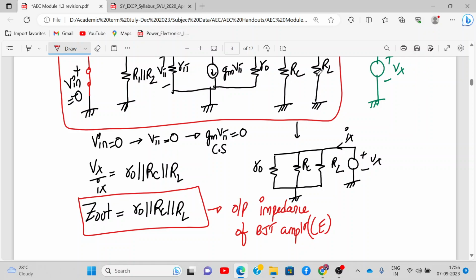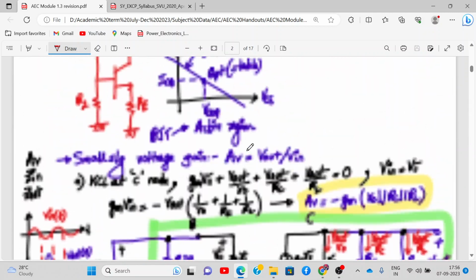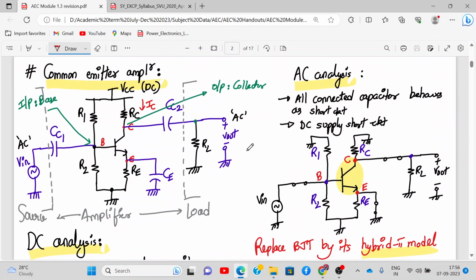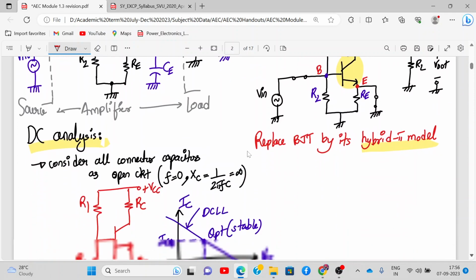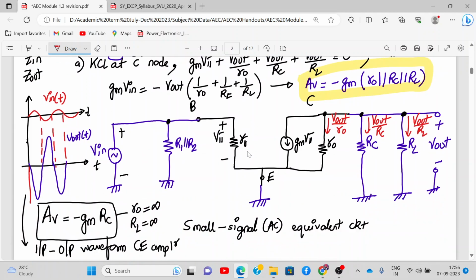Now let me tell you some changes, if there are any. Let's say RSIG was connected in the circuit, what changes will we have? If RSIG was connected like this, then this will be, let's say, some voltage V1. Now V in and V1 are not the same because they are separated by RSIG.